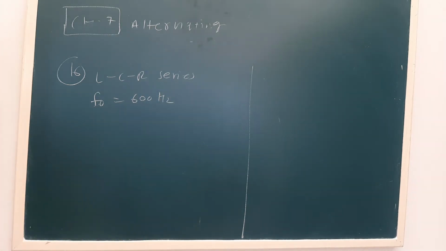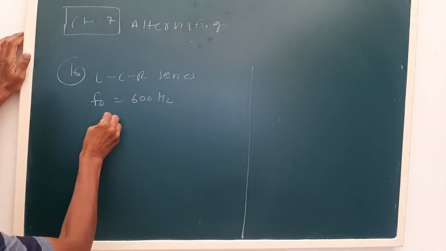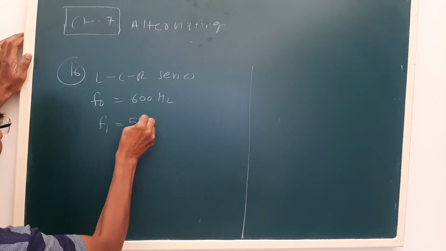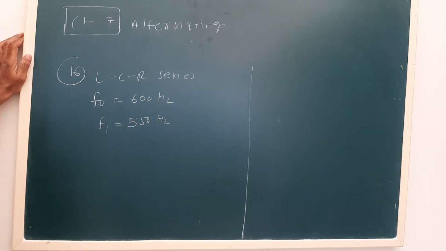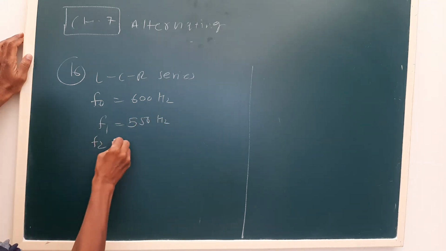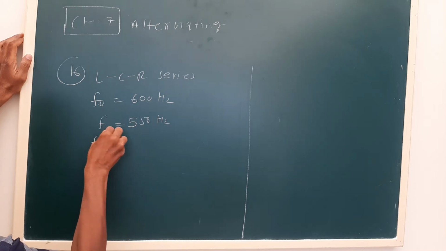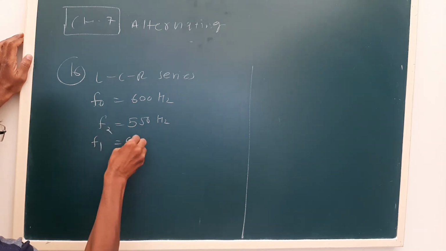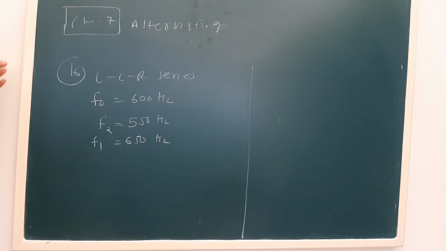Okay, the frequencies at half power bandwidth are F1, 550 Hertz, and F2, the larger value, 650 Hertz. What is the value of the Q factor?